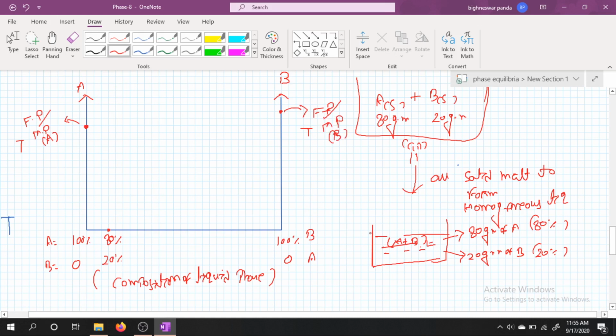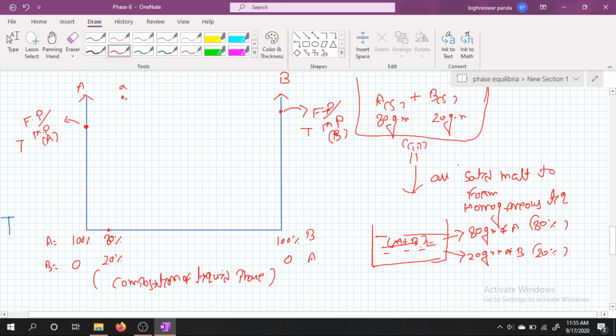So when we are taking in a system 80 gram of solid A and 20 gram of solid B and we are heating, then we get a homogeneous liquid phase which contains 80 gram of A and 20 gram of B, that means 80% of A and 20% of B. So the liquid phase temperature, since all the solid A and B are melted, is more than the melting point of A and melting point of B. Consider this point is small a.